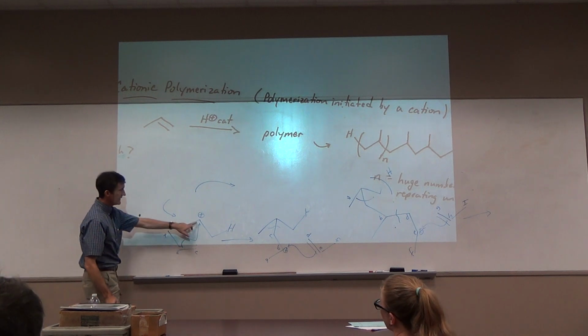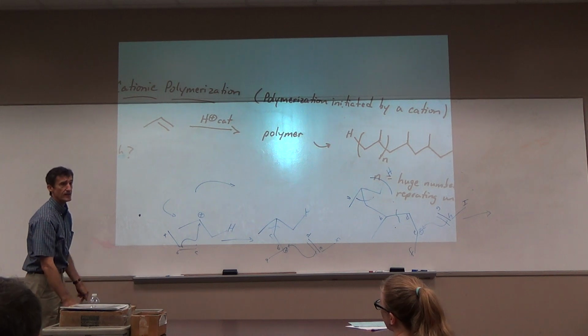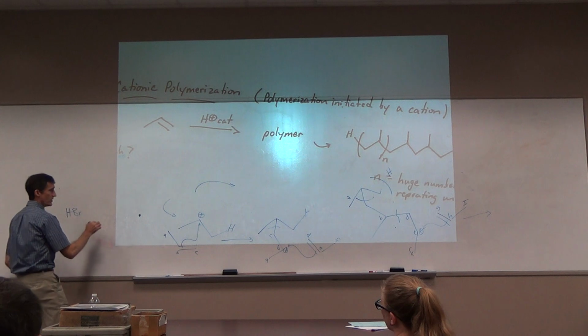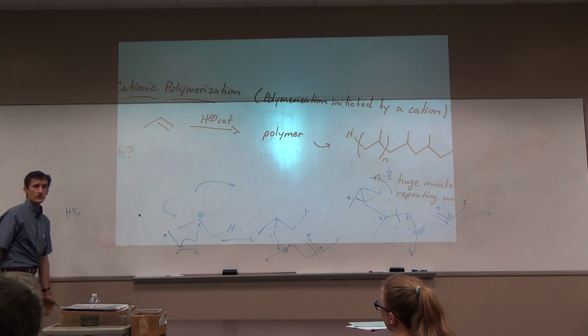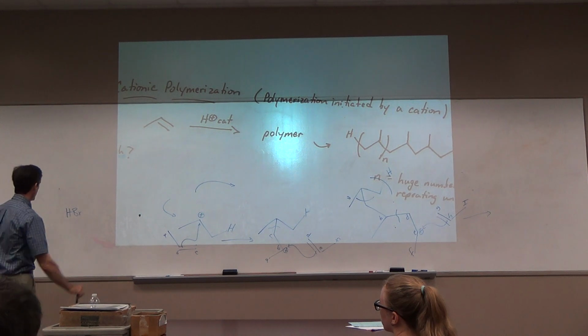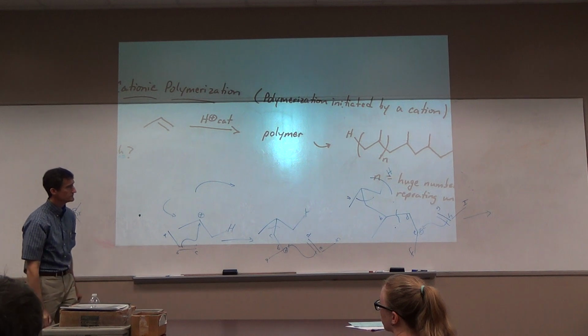We don't want anything to attack the cation other than the alkene. You would never use HBr to do this because Br minus is likely to attack this, and you're not going to get polymerization, you would just get a hydrohalogenation. You would use the same type of catalyst that you use for hydration, sulfuric, HF. Okay? Choice of catalyst, not HBr, because Br minus is a good nucleophile.